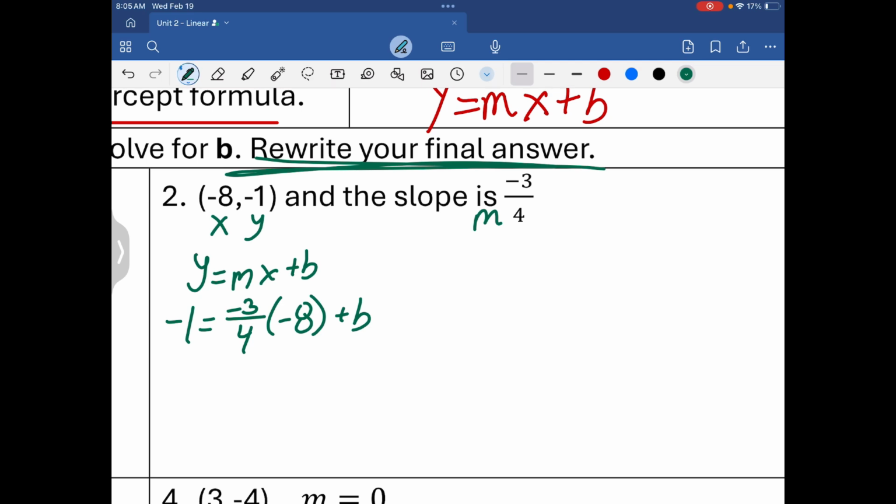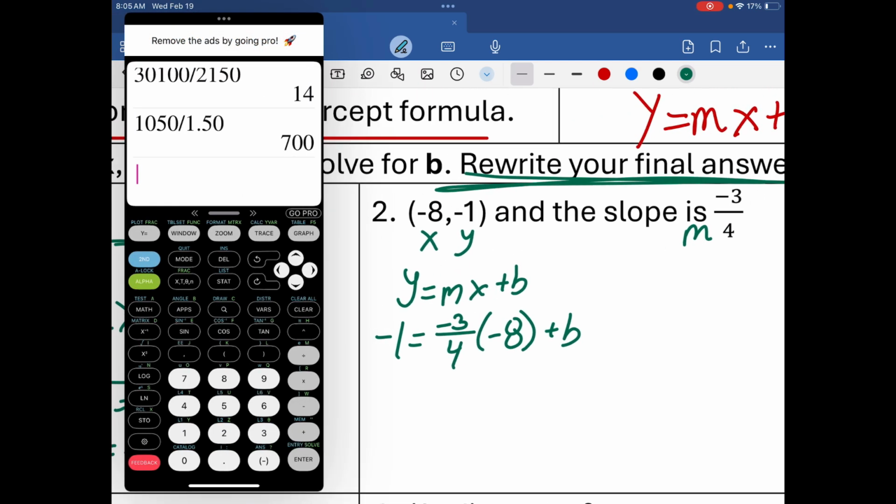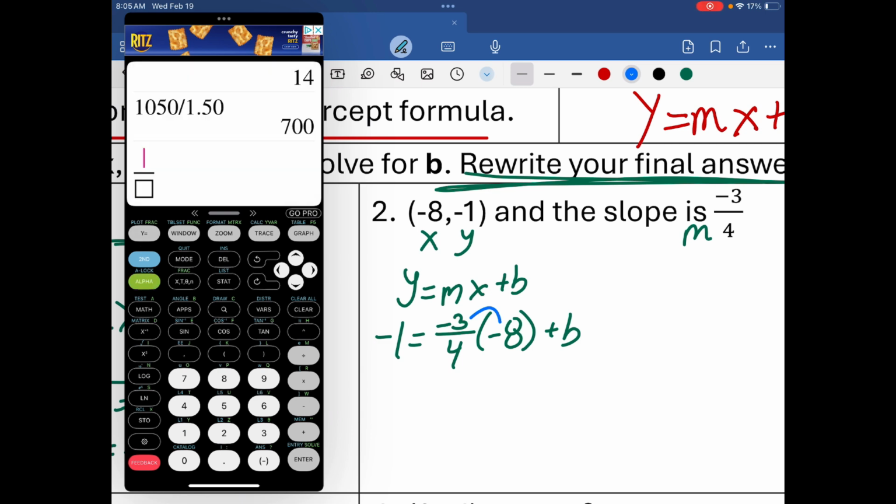Okay, I'm going to get our calculator out. So we would have -3 divided by 4 times 8. We do our fraction by pressing alpha, y equals, enter, -3/4 times -8. Okay, and we get 6.